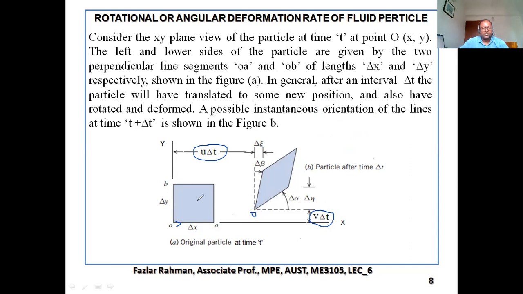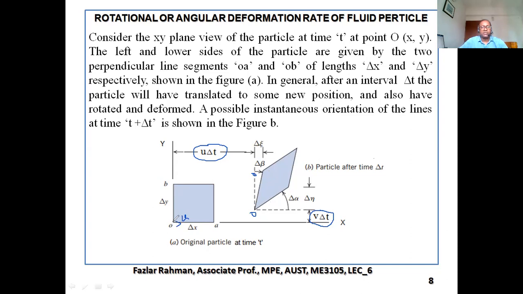Now, point B is supposed to stay right over this point, but instead it travels more distance than point O. What is the reason along the x-axis? Because O is traveling with velocity u, but B is traveling with a higher velocity, which is not u.